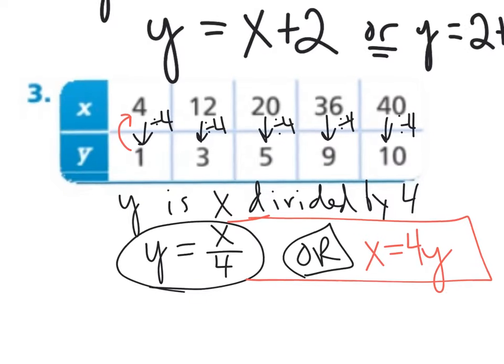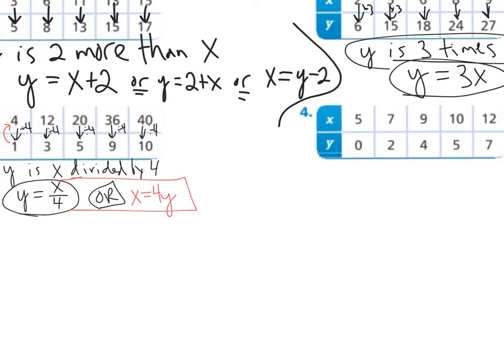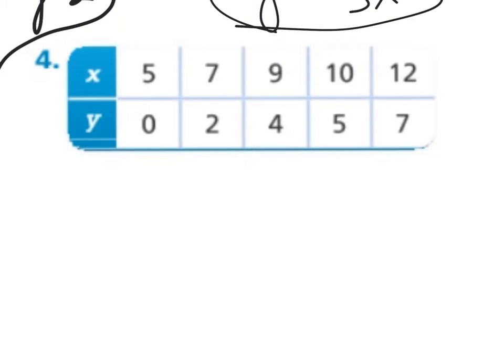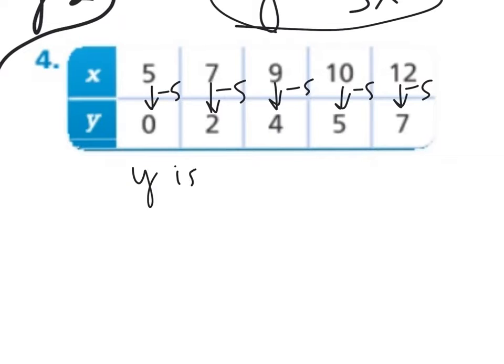And if we look at number 4, on 4, these numbers are getting smaller, so we're either subtracting or dividing. And so they are subtracting 5 on each one of these here. So one way of writing the rule, we could say y is 5 less than x.